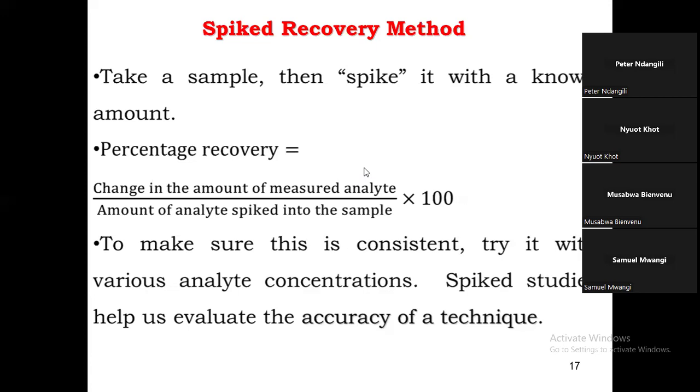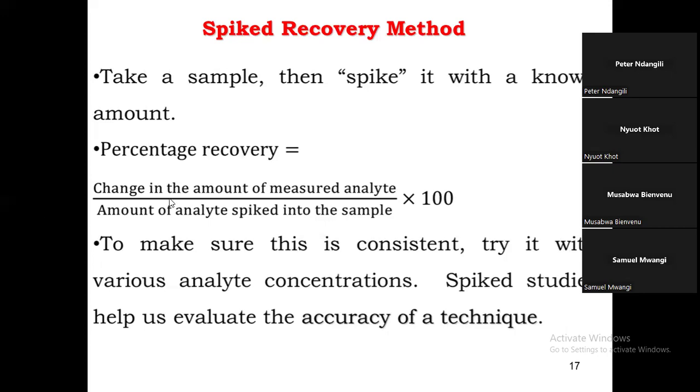In this recovery method, you have prepared a sample with a known amount of your analyte. And then you spike it into the analysis solution, then find out if you are going to detect that particular amount. That is very important.